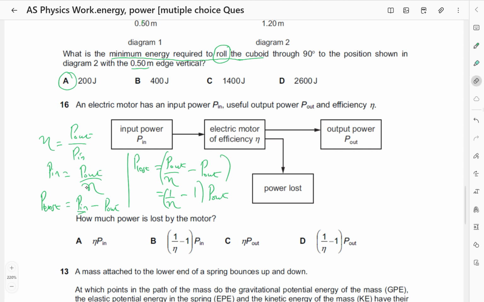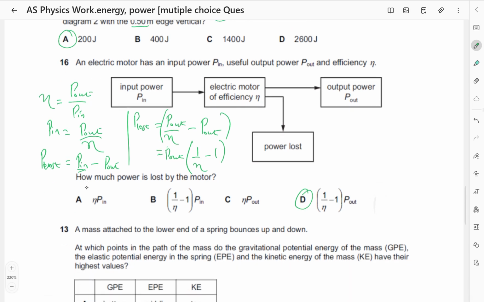Alternatively, if that mathematics is very hard for some of us, there's a common factor there, which is P out. So I'll simply say P out is a common factor. So in brackets, I remain with 1 over nu, then minus 1. So this means our answer is automatically going to be D. Power lost is going to be 1 over nu minus 1 times P out.